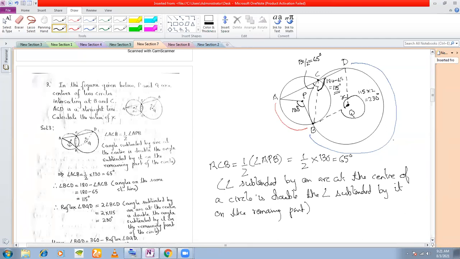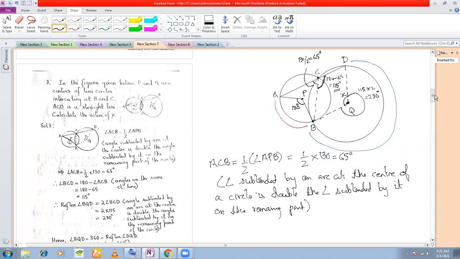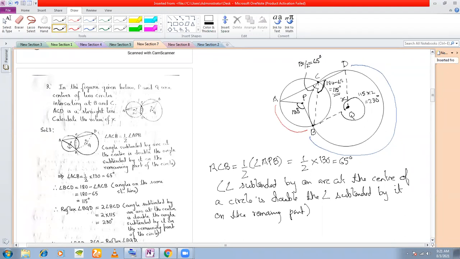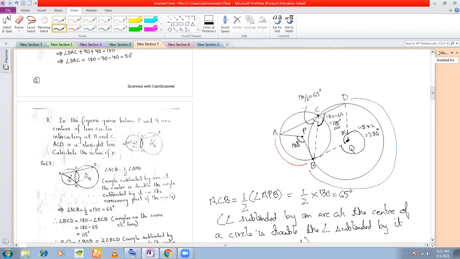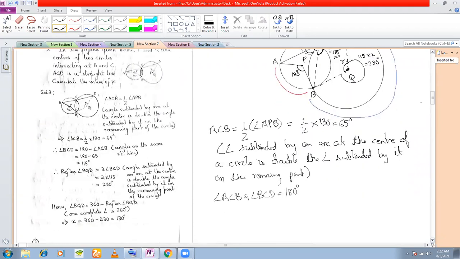Right? Next, once we have found out 65 degree, we found out the other angle which is on the same straight line, which is angle BCD. So let's write it. Angle ACB plus angle BCD must add to 180 degree. Which are the angles we are talking about? We are talking about this angle and this angle. These two angles add up to 180 because they are angles on the same straight line.